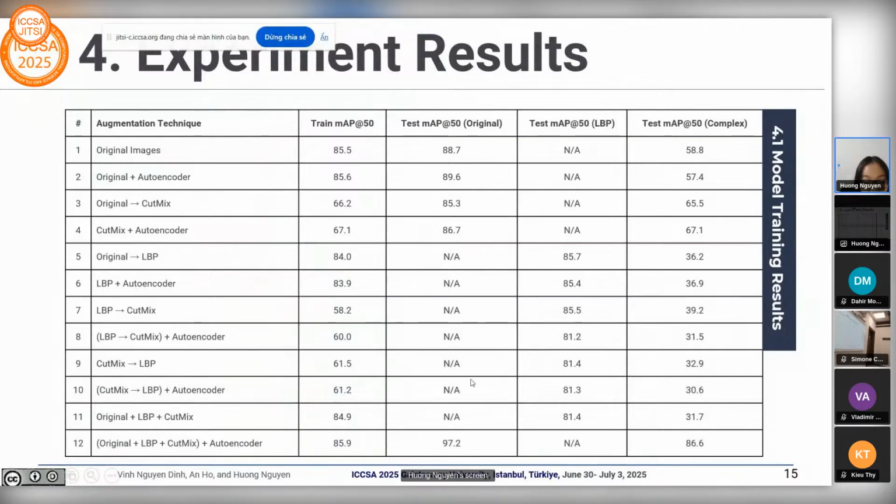And the top performing model is the last one, which combines original, LPP, CutMix and autoencoder, reaching 97.2% on original and 86.6% on complex data. And also, CutMix and autoencoder alone gave a big push, reaching 67.1% on complex images. So clearly, different augmentation strategies can make or break model performance.